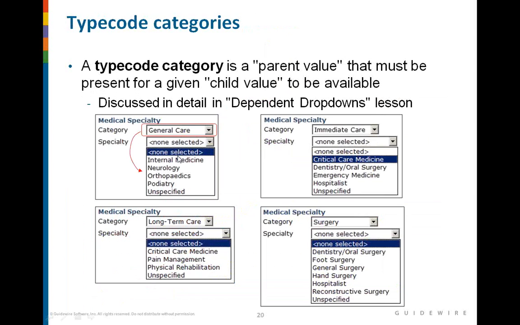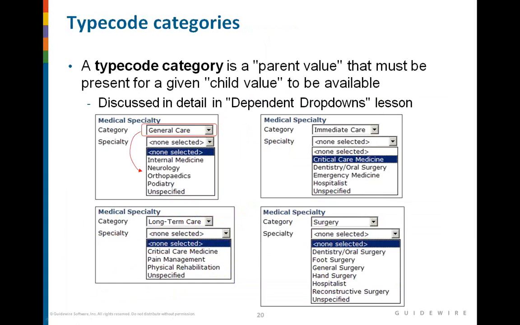Coming to dynamic type categories, in some scenarios you want to display subset dropdowns based on the parent dropdown value. The child dropdown should automatically refresh or reload with the help of dependent dropdowns.